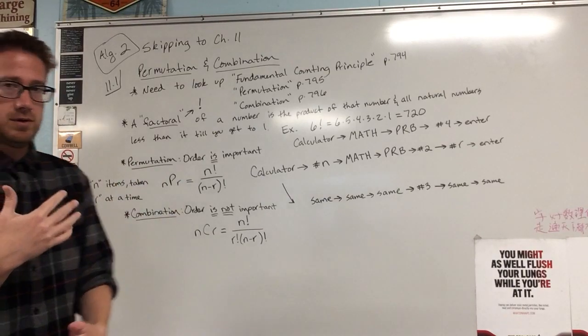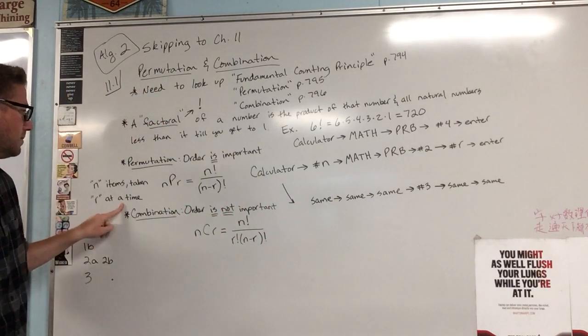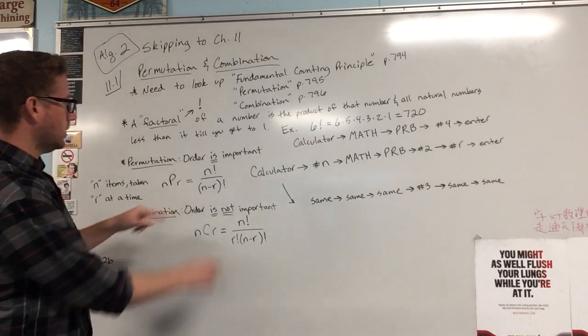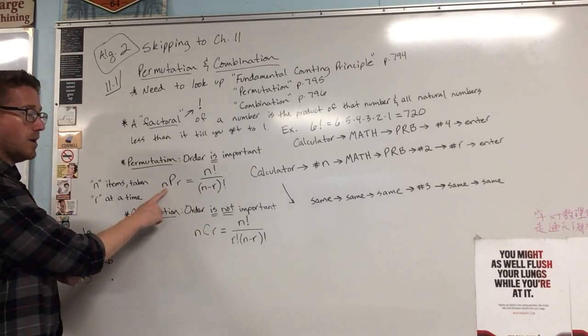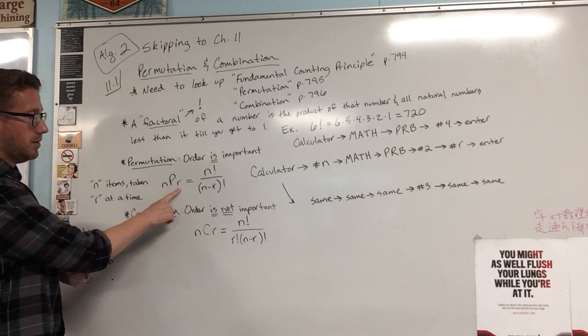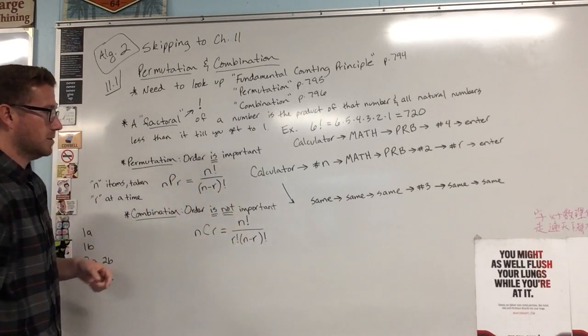So this is order. You have a certain number of items and you can only take them at a specific time. Now, you will always put the bigger number for n and the smaller number for R. Again, when we do the example problems, it'll make a little bit more sense.